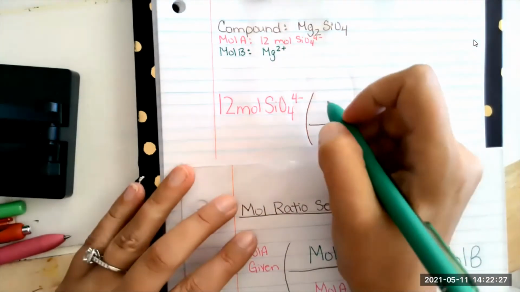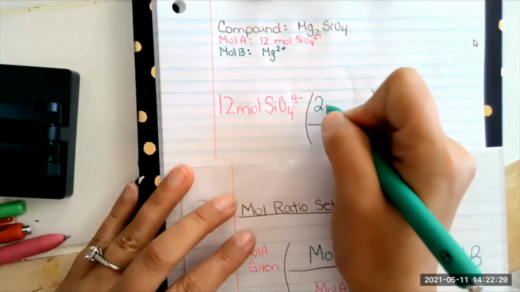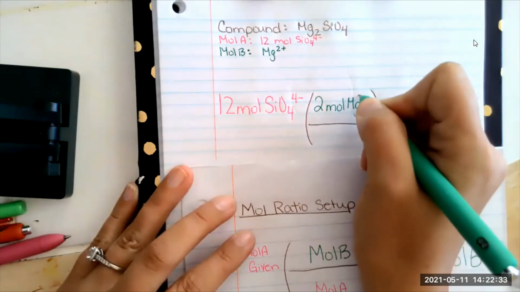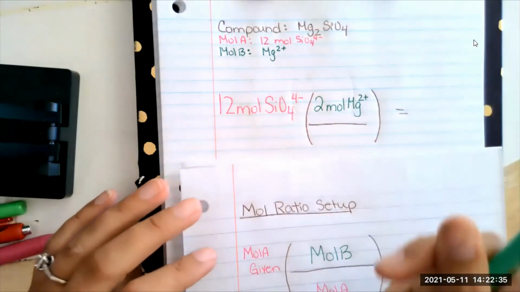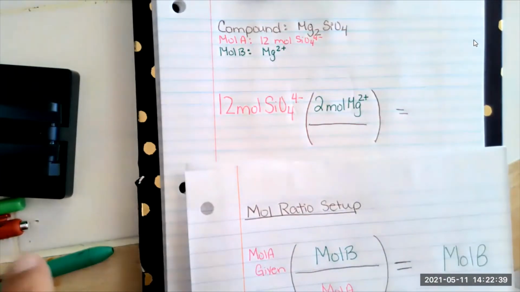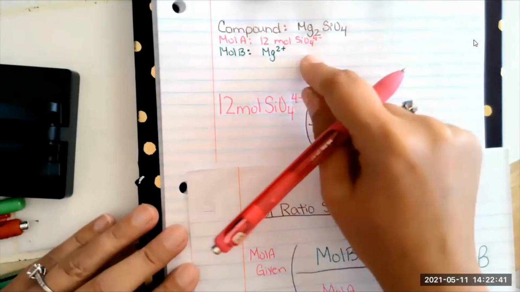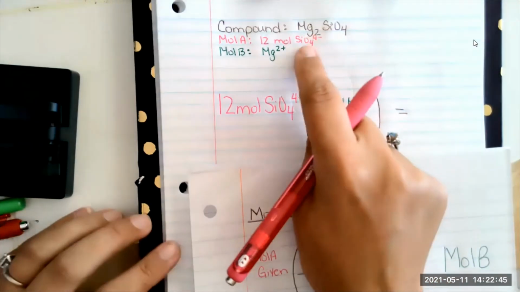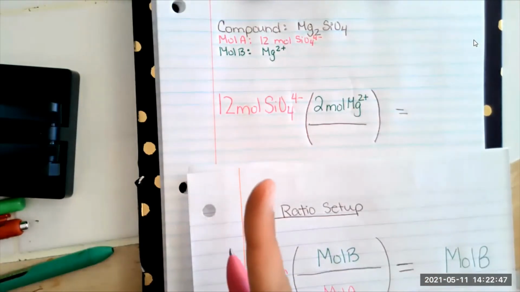So we write 2 mole Mg2+. Mole A goes on bottom, that is silicate, SiO4. Silicate is a polyatomic, not in parentheses, which means we have 1 mole of silicate.